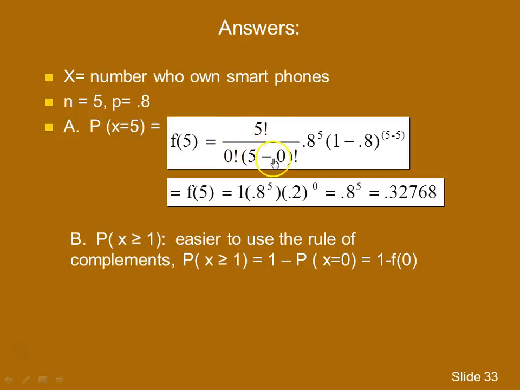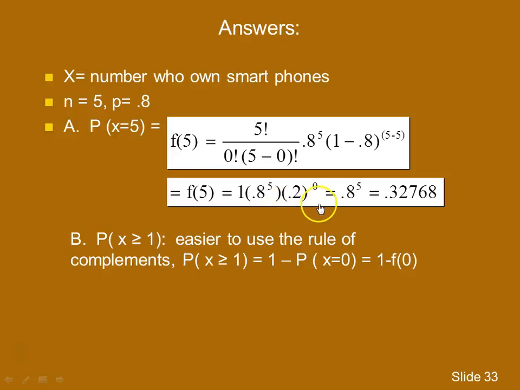Again, the combination formula we can use a shortcut on. There's only going to be one way of getting all 5 students out of 5 who own smartphones. 0.8 to the 5th, and 1 minus 0.8 or 0.2 to the 0. Anything to the 0 is 1. That will drop out of the formula.